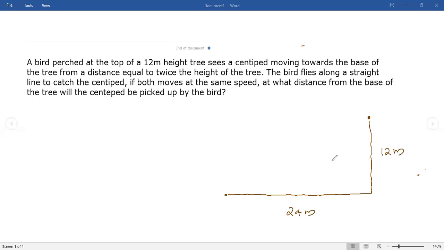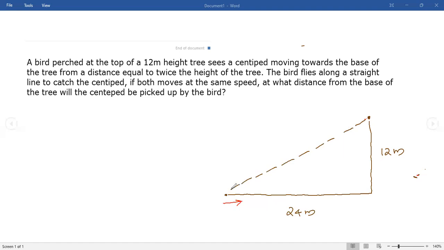So what is happening here in this manner? The centipede is moving. As the centipede is moving, suppose the bird is moving in this line, look here, in this line where the centipede is located.